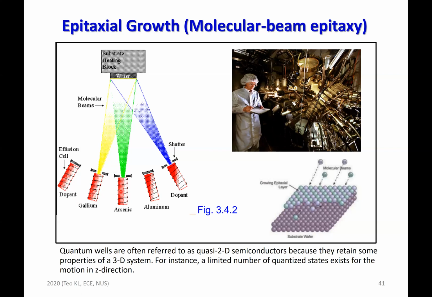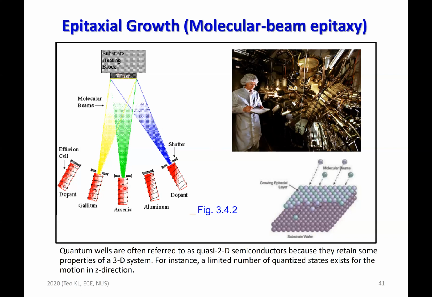And so it becomes gaseous phase, and then it travels ballistically in the ultra high vacuum, and then it reaches the wafer or the gallium arsenide substrate. So it condenses on this wafer, and then they start to react on the wafer.